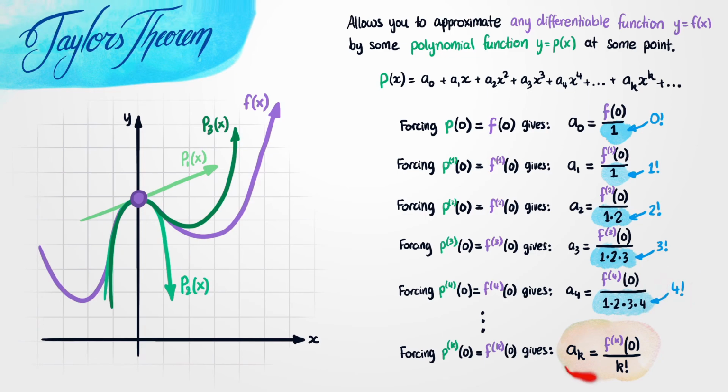Now the trouble with this version of Taylor's theorem, which is often called Maclaurin's theorem, is that it only works at x equals 0. But in a follow-up lesson to this one, I'm going to show you how we can take this formula and then rewrite it so that we have the line of best fit, the parabola of best fit, and so on at any x value that we like. So you should tune in to that next lesson where we talk about this generalized version of Taylor's theorem. But at this point, I'd like to end this lesson on Taylor's theorem.